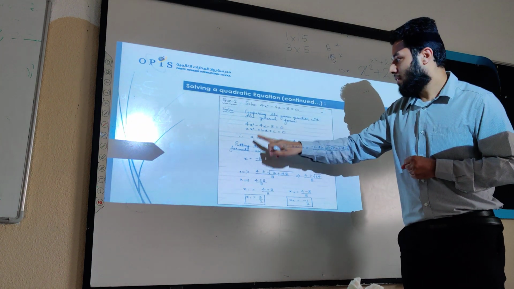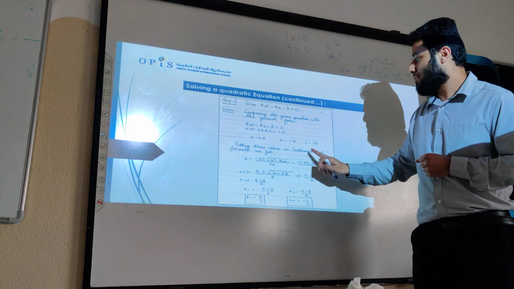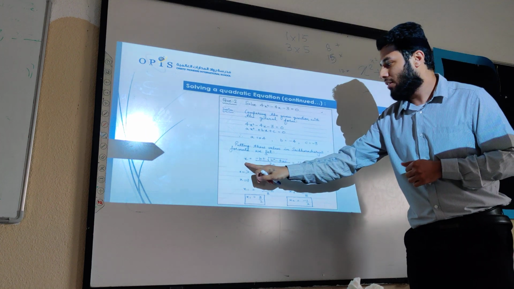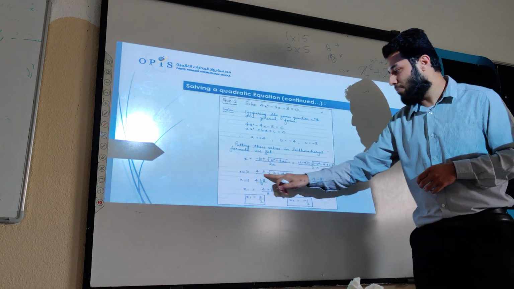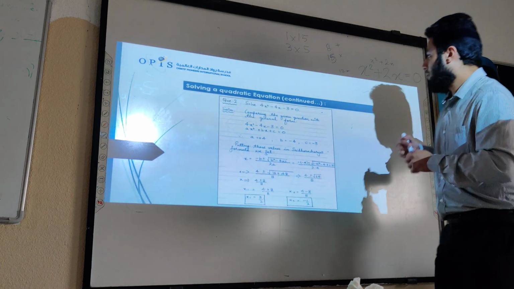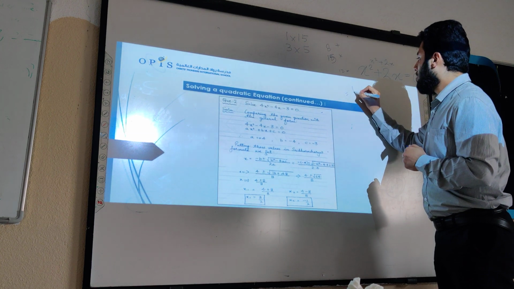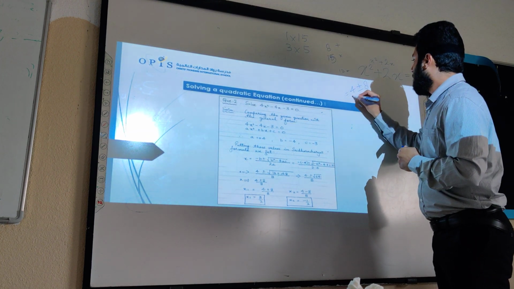So the same concept, a is plus 4, b is minus 4 and c is minus 3. And then we are putting the values in Sridharacharya's formula and we will keep on simplifying until finally we will get 4 plus minus 8 whole upon 8.